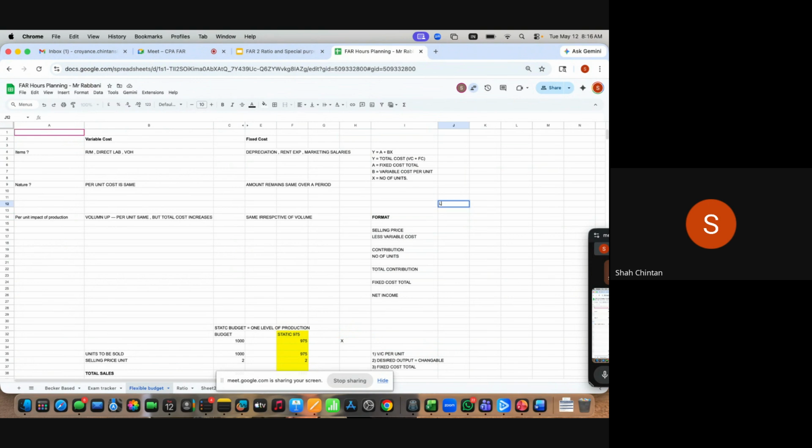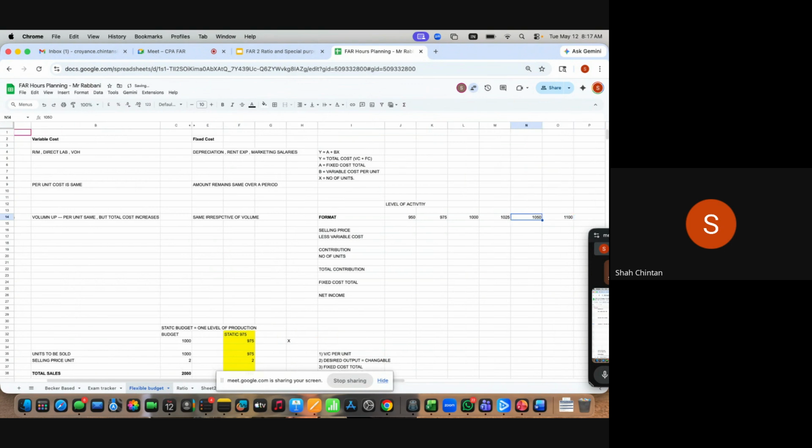So this represents your level of activities. So let's say company can have a budget for, in our example, 950 units, 975 units, 1000 units, 1025 units, 1050 units and 1100 units. These are the various levels of activity.